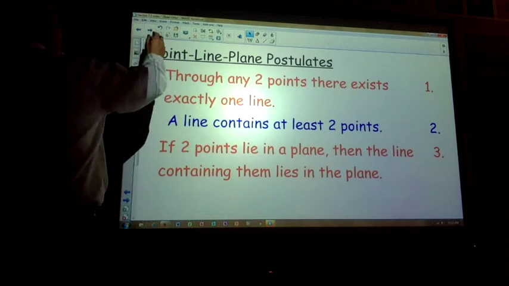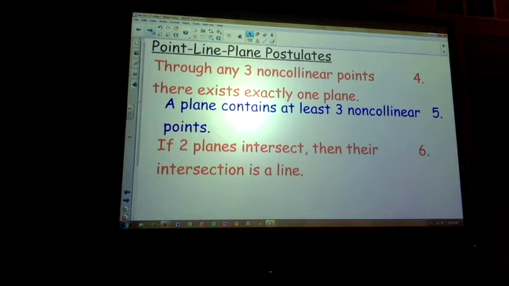If you needed to? All right, let's move on. Point, plane postulates. Through any 3 non-collinear points, so those would be 3 points that do not lie on the same line, we get a plane. There exists exactly one plane. So if you make 3 different dots on your desk, 3 different dots that don't fall in the same line, that defines your desk as the plane.